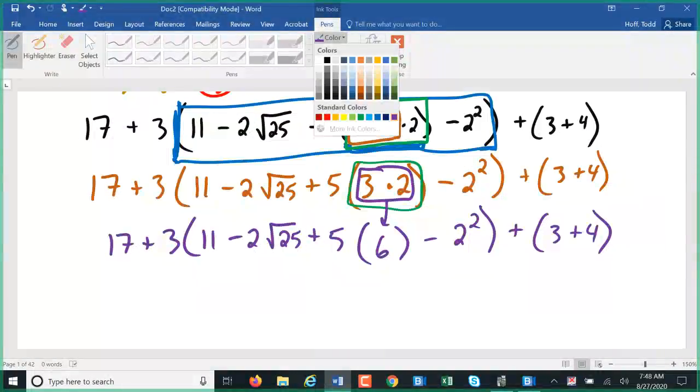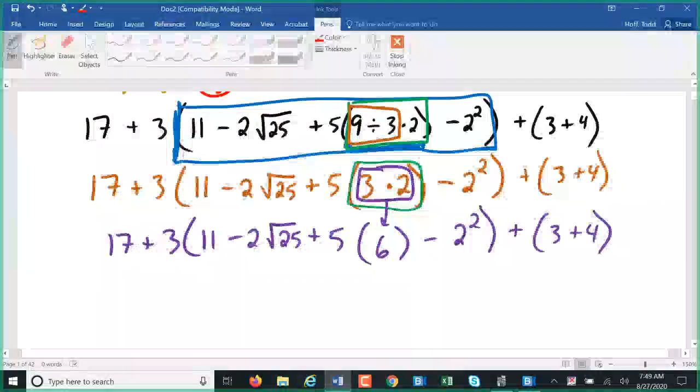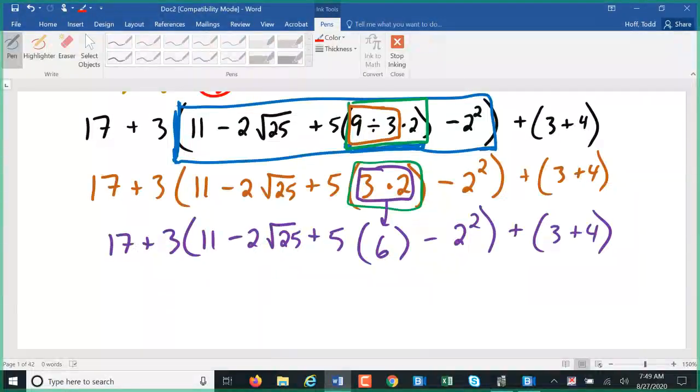Now, that parenthesis in the green box that we were working in is down to a single number. Anytime an enclosing symbol gets down to a single number, it's not working as an enclosing symbol anymore. So we can get rid of it if we want to. We can keep it if we want to as well, because parentheses have other meanings other than an enclosing symbol.